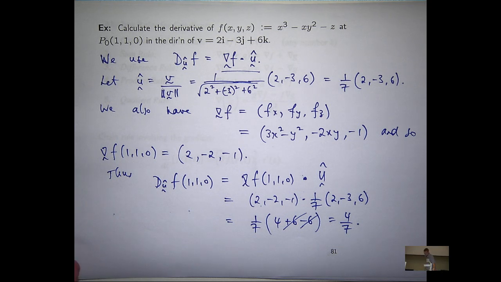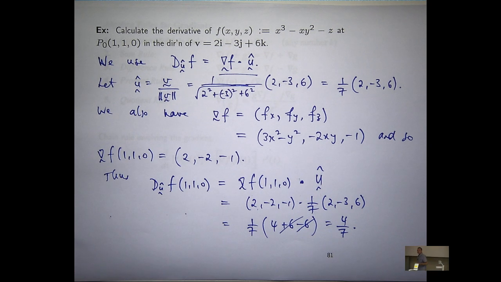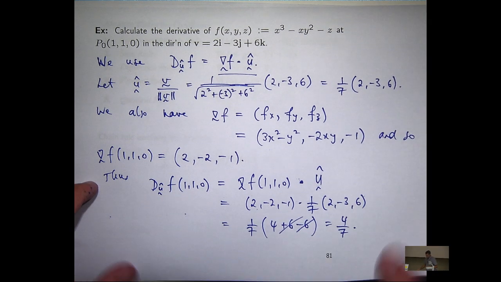Okay, now, I said earlier in the lecture that this gradient and this directional derivative can be thought of as more general derivatives. So if the gradient is going to be thought of as a derivative, it's good to have a calculus associated with it, right?